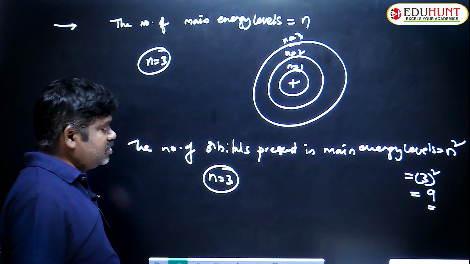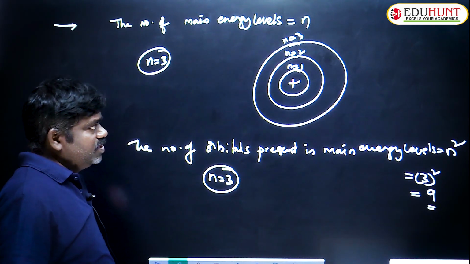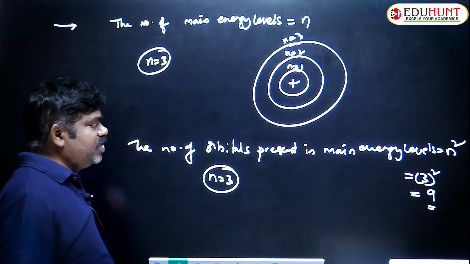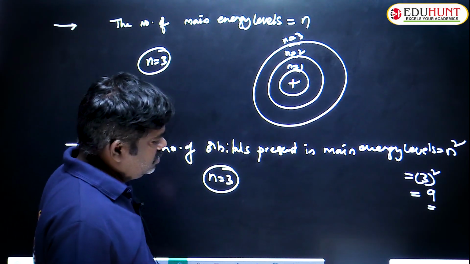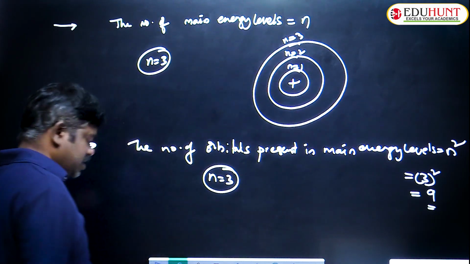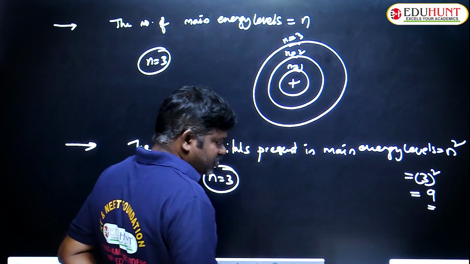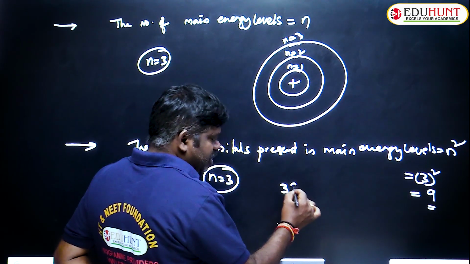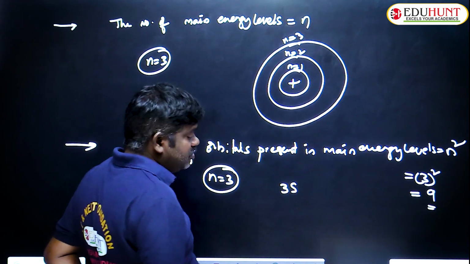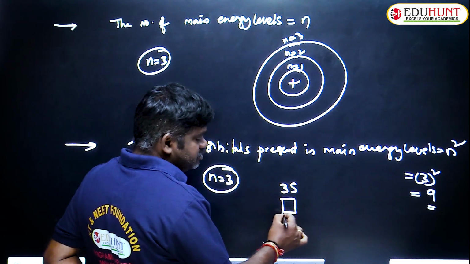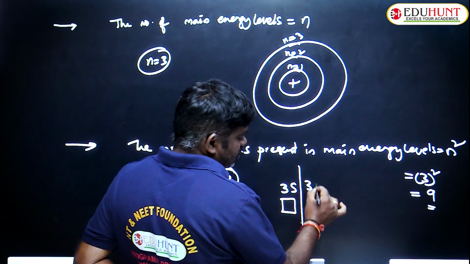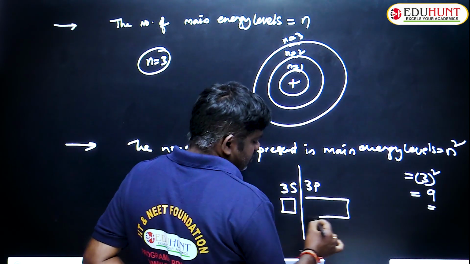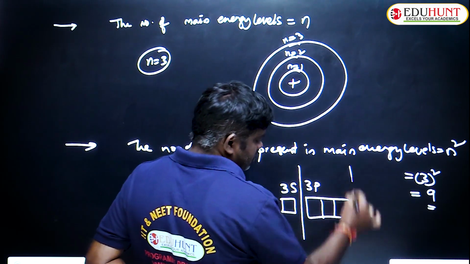9 orbitals present means, if you take the third shell, what happens? We have 3s, which is only 1 orbital. And 3p contains 3 suborbitals.